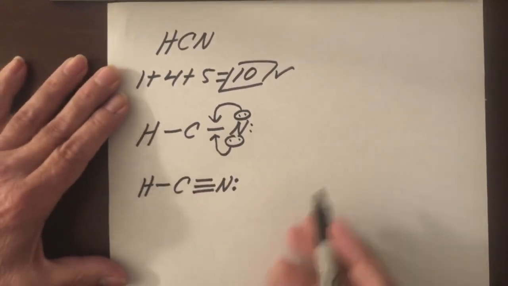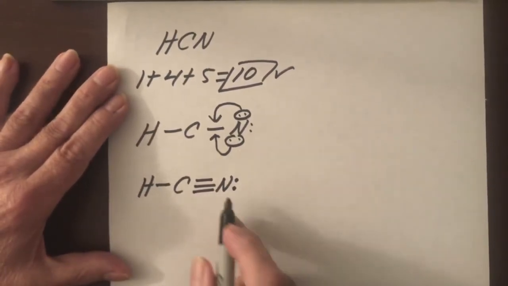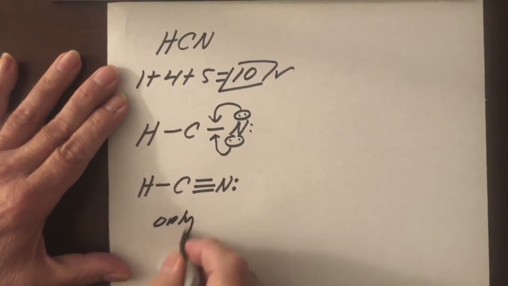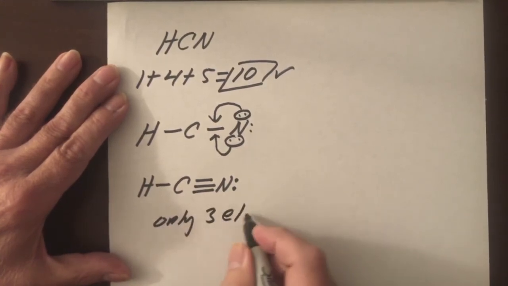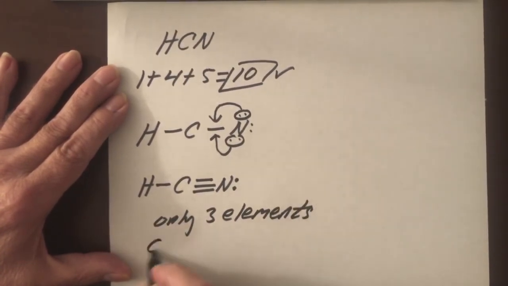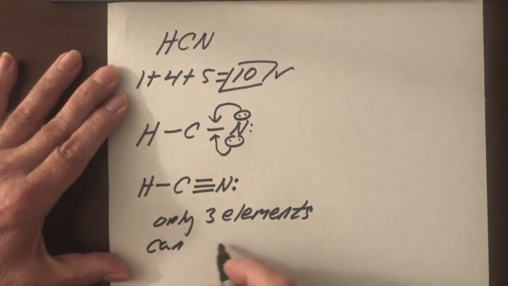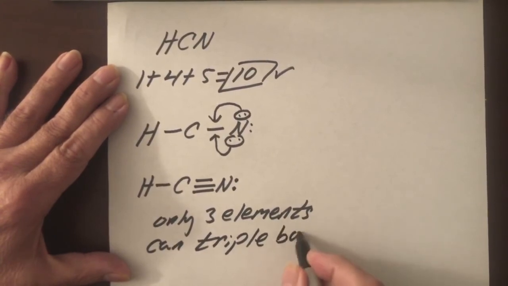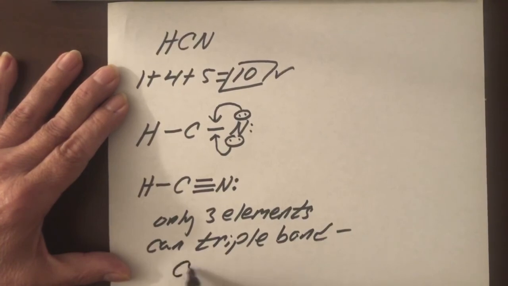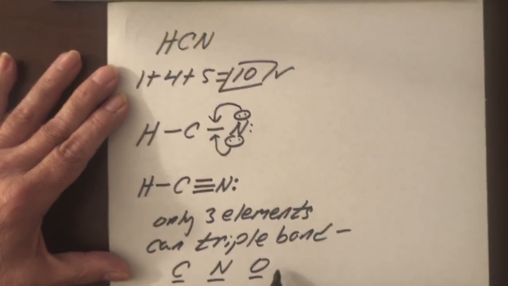Okay, now also add to your notes that only 3 elements can triple bond. And they are carbon, nitrogen, and oxygen. So as far as triple bonds go, those are the only 3 that are capable.